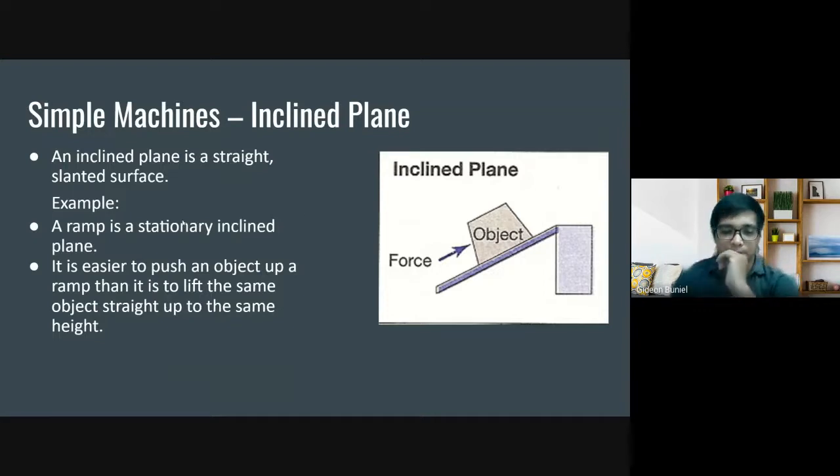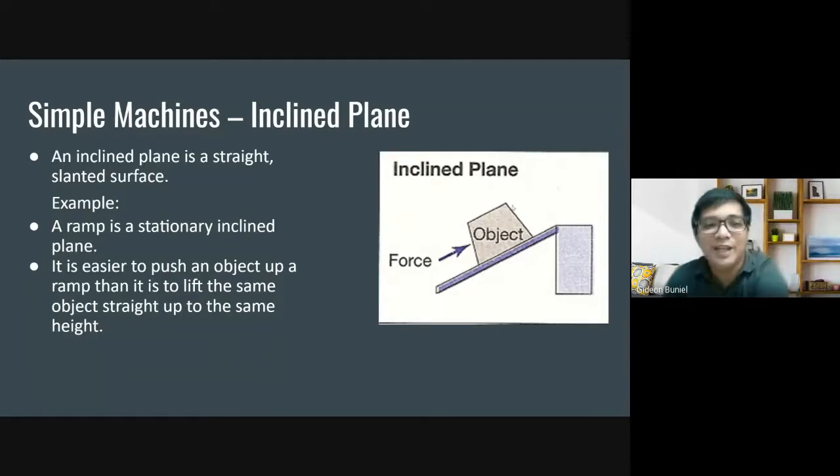For example, a ramp is a stationary inclined plane. You have this one to make it stable here, and then the object is pushed towards the center of this object also. It is easier to push an object up a ramp than it is to lift the same object straight up to the same height.